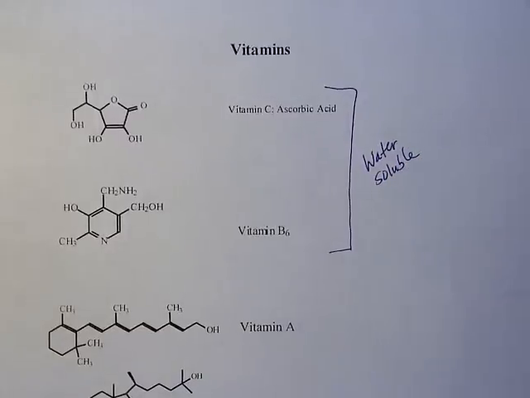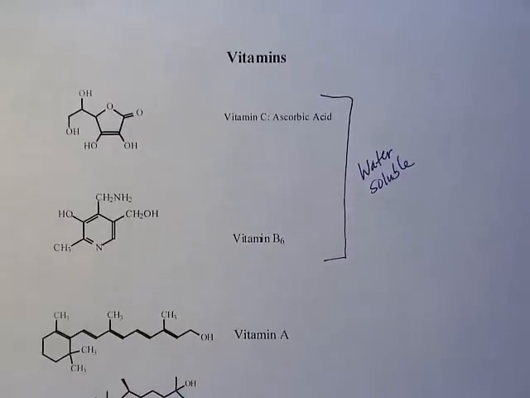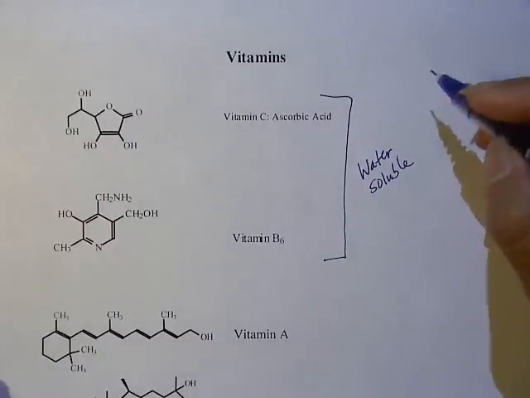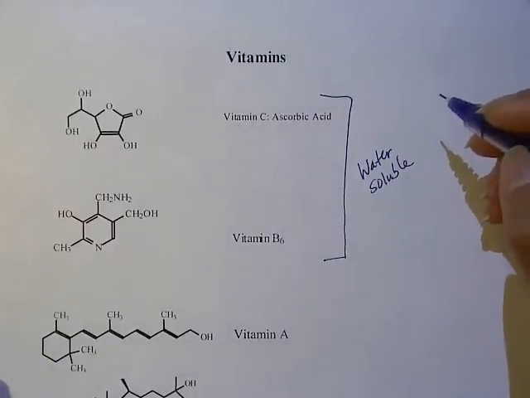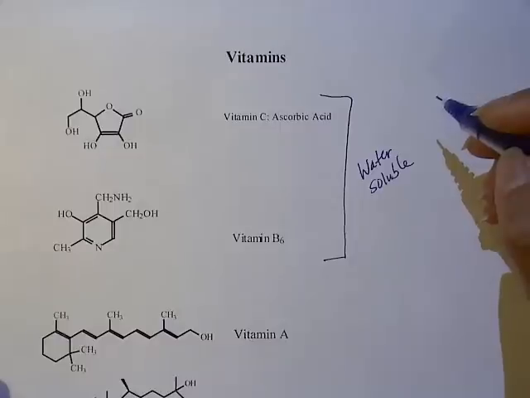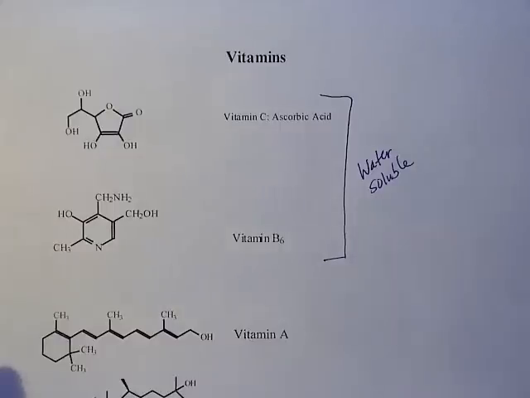And you know that you need, for example, vitamin C to prevent scurvy. And all these vitamins that are water soluble, you have to take care to keep replenishing them, because they go through your system, and excess will be coming out in urine.